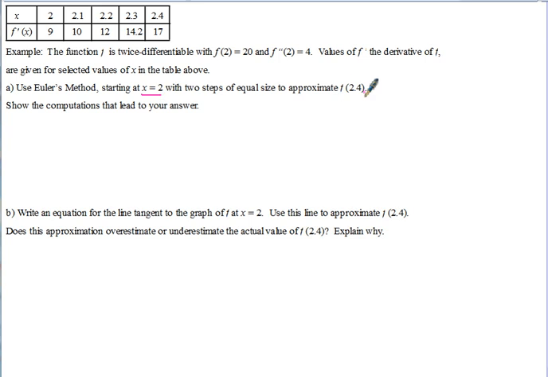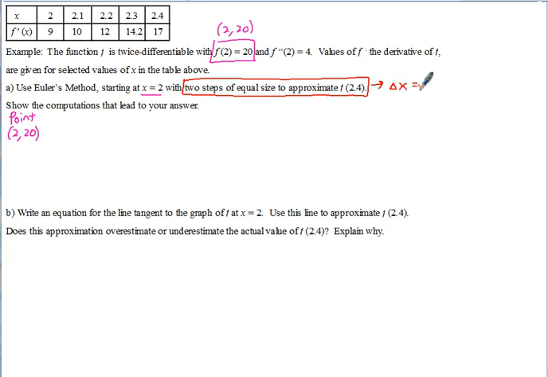So the starting point here, f of 2 is 20, so it'd be the point (2, 20). And this time, rather than telling you what the step size is, they tell you you've got 2 steps of equal size. So you have to calculate what delta x is.